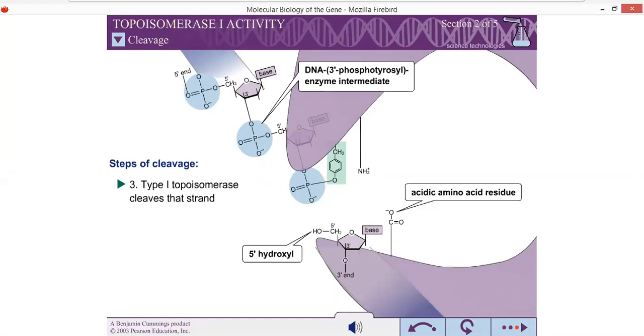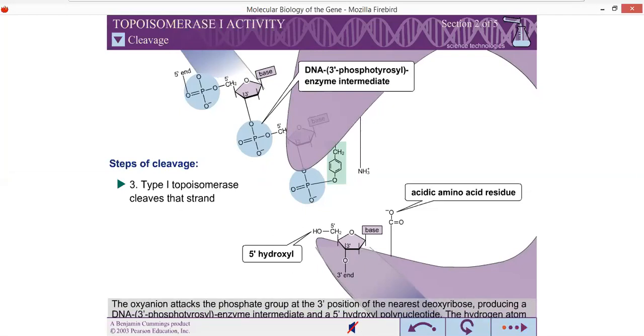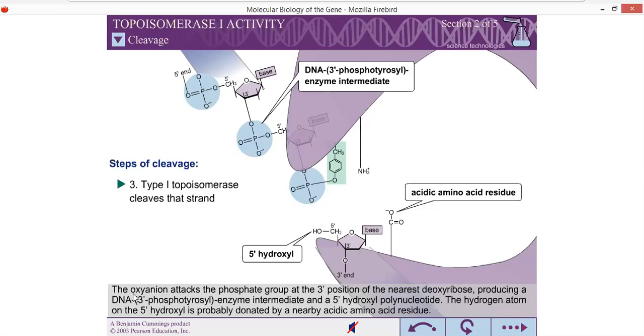Okay, so while I explain it to you, you can also see what is written here. See how the reaction is going to take place. The oxyanion attacks the phosphate group at the 3' position of the nearest deoxyribose. This is the nearest deoxyribose. The phosphate group has been attacked. The phosphodiester backbone has been broken down.